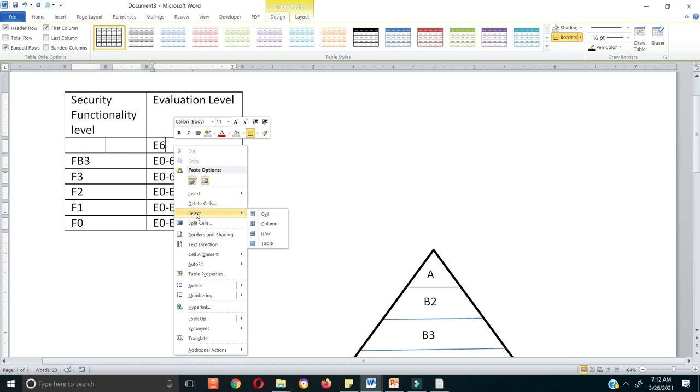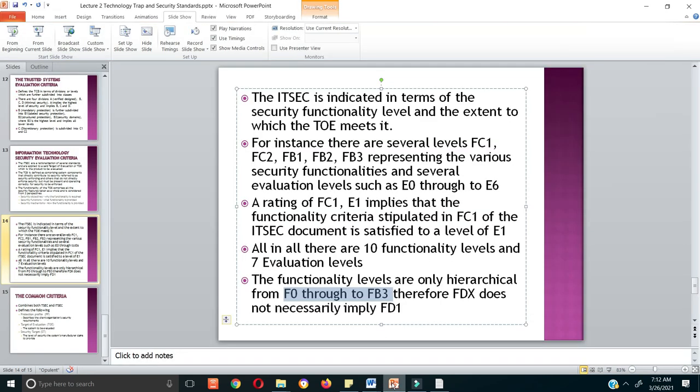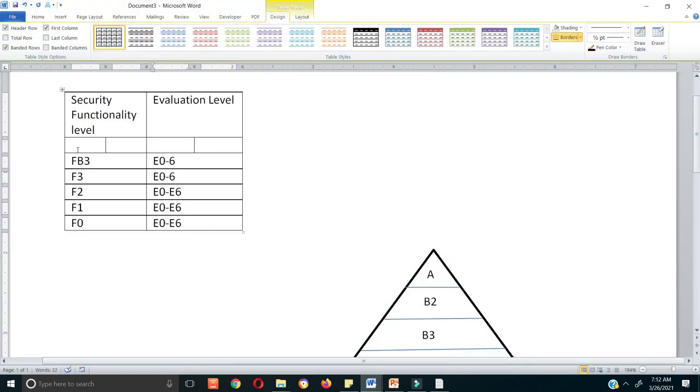That allows me to split. Yeah, so here I split. So we are saying now you're going to have things like FDX.